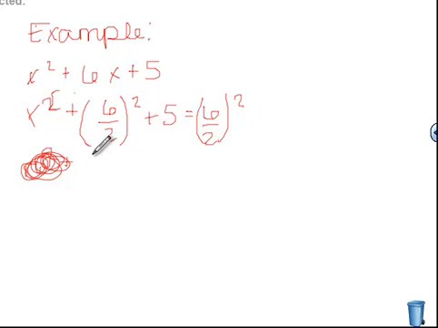So now you would have (x plus 6 over 2) squared plus 5 equals (6 over 2) squared.